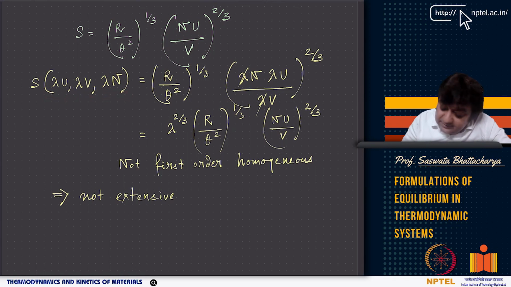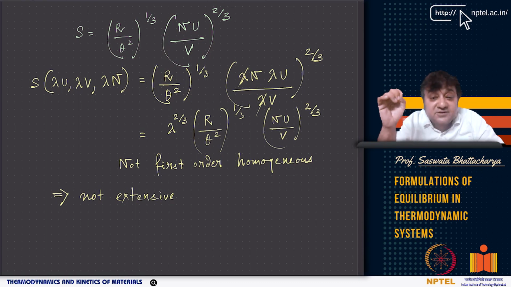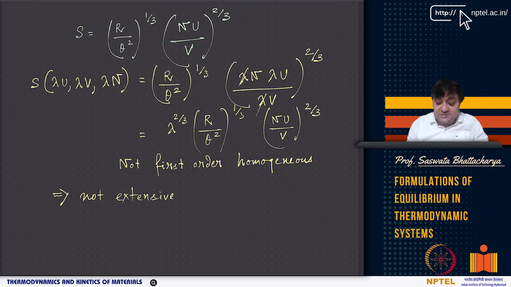Now if I do that, I am changing N by lambda N, U by lambda U, V by lambda V. You see the lambdas cancel here and it becomes lambda to the power 2/3 times (r by theta square) to the power 1/3 (NU by V) to the power 2/3. Right? So this is really not a first order homogeneous function. S no longer remains a first order homogeneous function. It is now a 2/3 order homogeneous function. So, right, it's fractional.